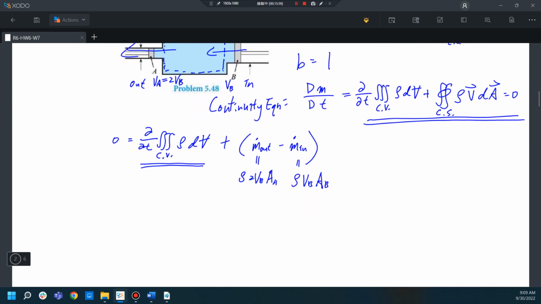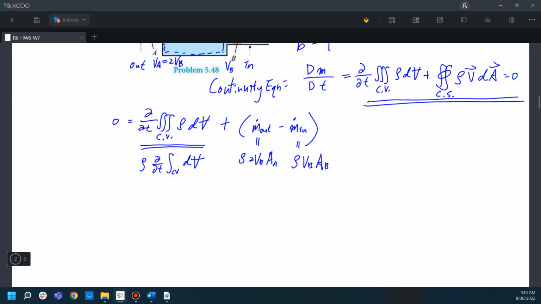So the first step, we can take this rho out of this partial derivative. So this becomes, and I will just write this as just one integral instead, but I denote it as CV dV.